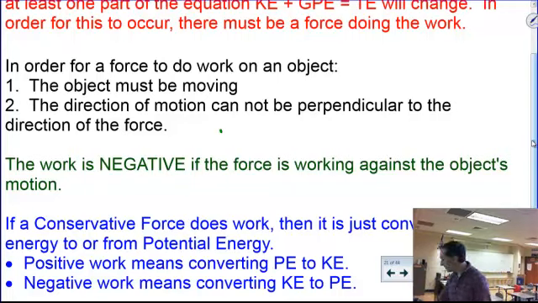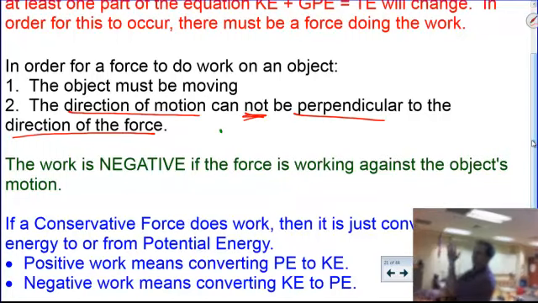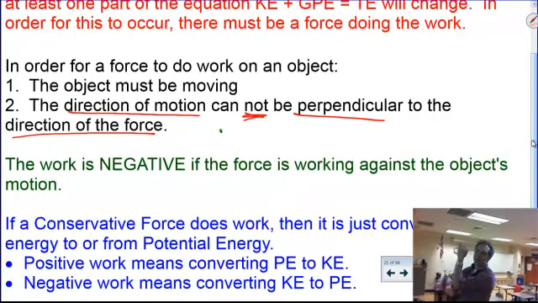Second, and this is the one that's going to be super important for these conservation of energy problems, the direction of motion cannot be perpendicular to the direction of the force. If the object is moving this way and the force is perpendicular to it, then that force is not doing work.